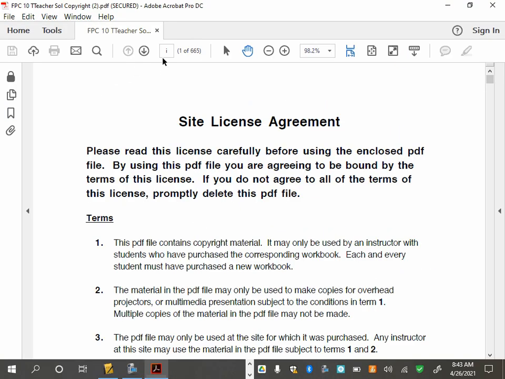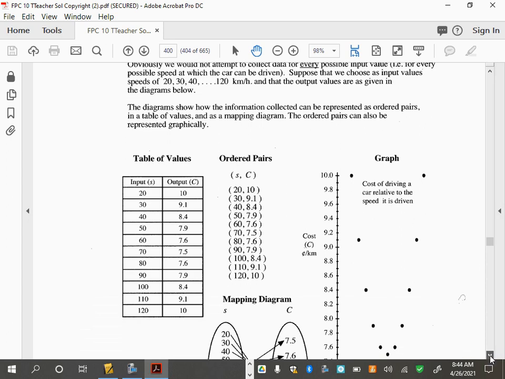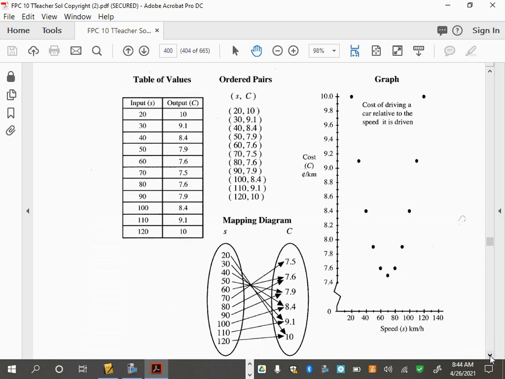Sorry, I shouldn't ask that question because the answers are right in front of you. Okay, so you can either see a relationship between numbers on the table of values, which you can plot as points, which you can create as lines or parabolas.